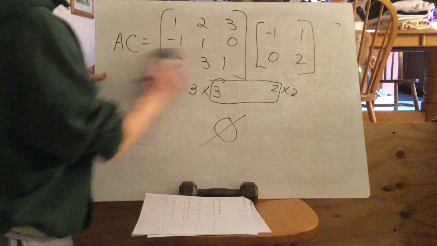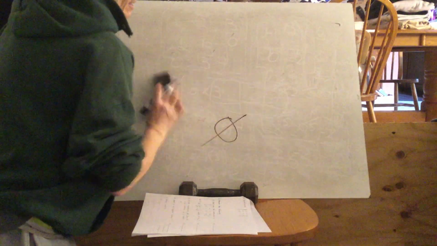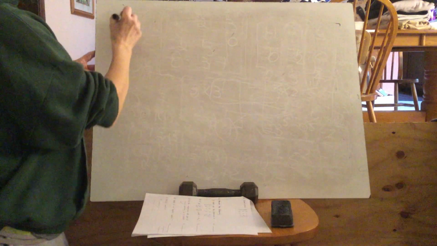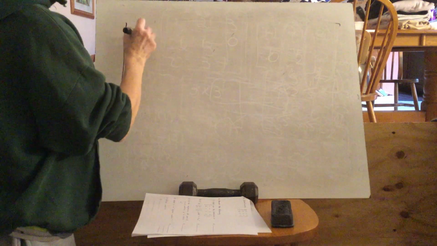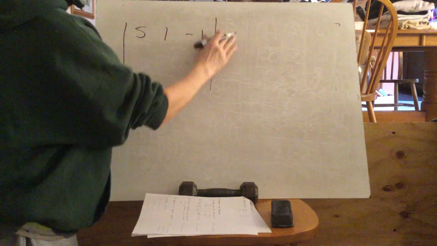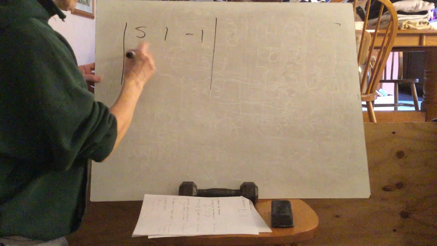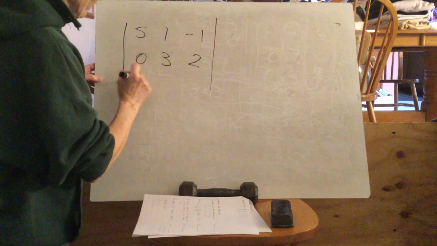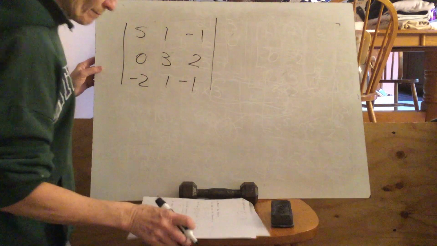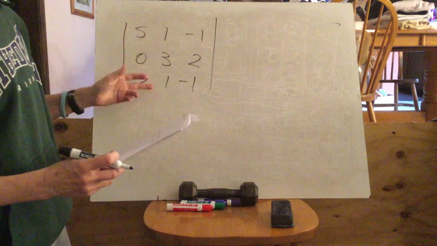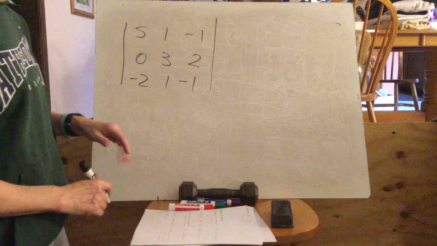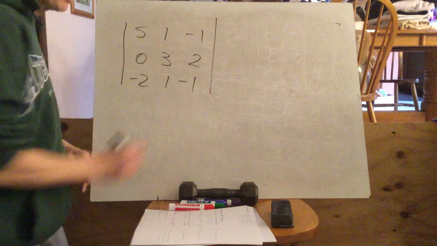So the next page has a determinant on it, a 3 by 3. Try to make sure I get it copied right. Okay, how do we evaluate a 3 by 3 determinant?